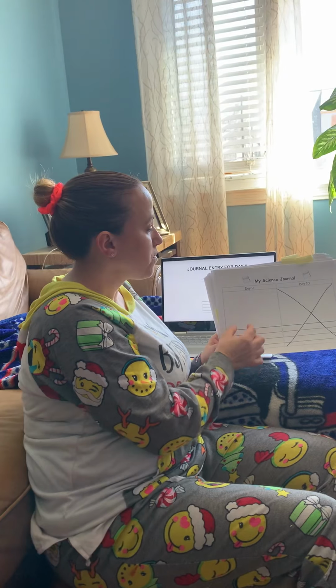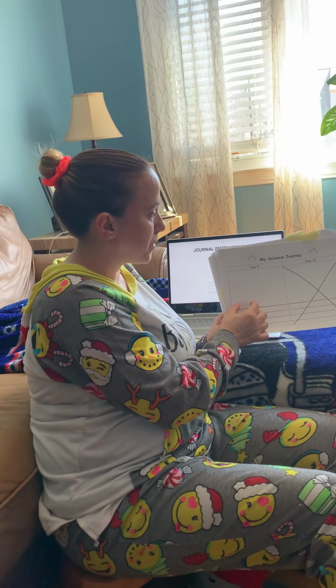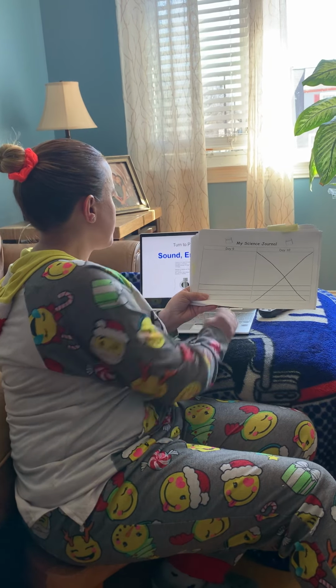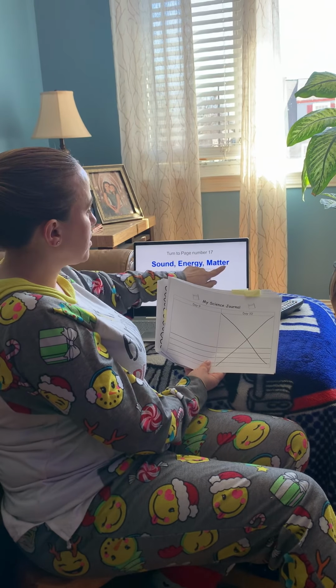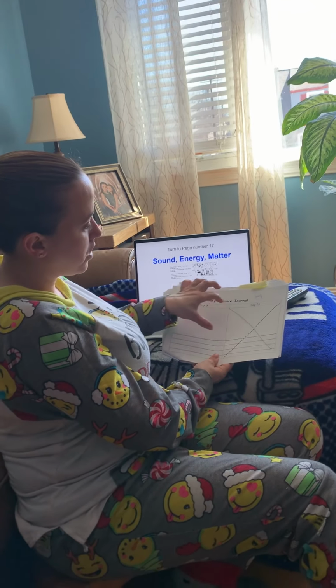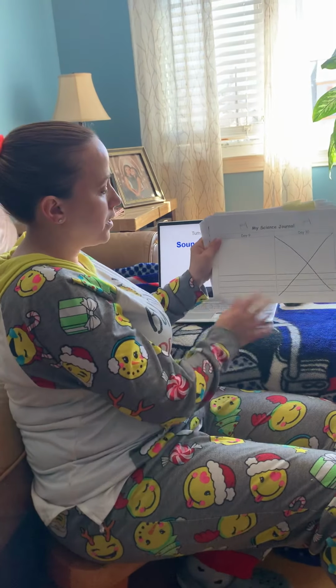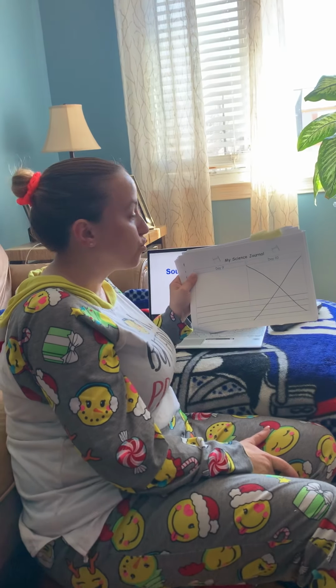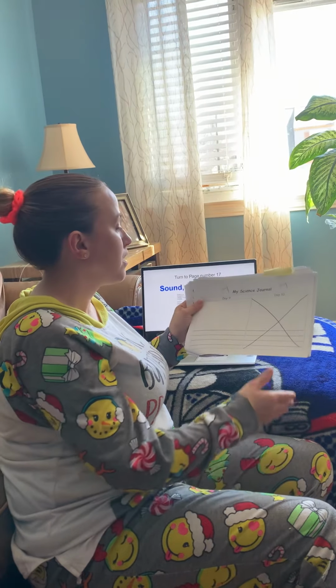So sound, energy, and matter. You're going to draw a picture of a sound, draw a picture of energy, and draw one picture of matter. And then here at the bottom, just explain the different things that you drew in your picture. Okay? So this is what your science activity is for today.